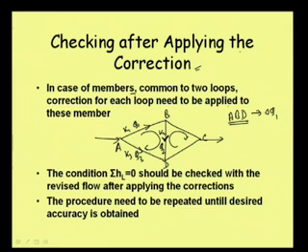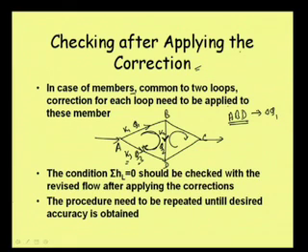But our loop is rotating in this direction while the flow is in the opposite direction, so k3 q3 square will be considered negative. And when calculating twice kq, we just take the absolute value and sum up, because we want to calculate the correction required to make the head loss 0.